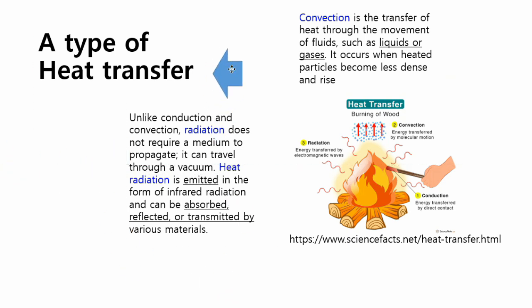And there's radiation. Radiation does not require a medium like conduction or convection, liquid or material. It can even travel through a vacuum. Heat radiation is emitted in the form of infrared radiation, and can be observed, reflected, and transmitted.